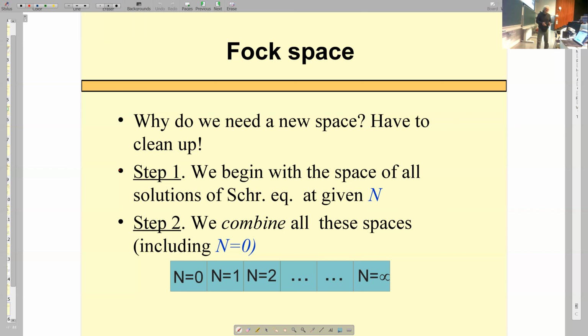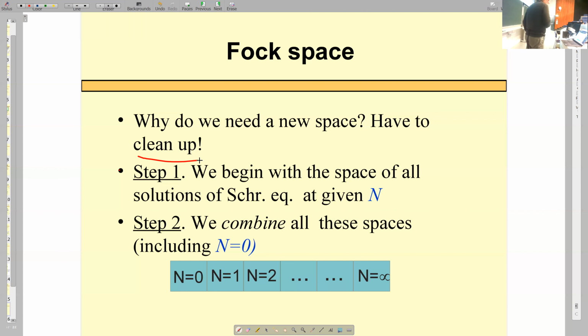Right? Let us understand first why do we need a new space. We've got so many spaces, and there are so many wave functions. But it looks like we have just the opposite task. The space of all solutions of Schrödinger equation for a particle is too large, and we have to clean up. We have to get rid of all the states which do not satisfy symmetry postulate.